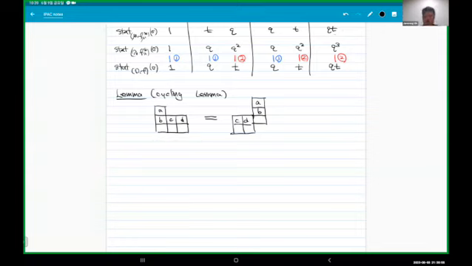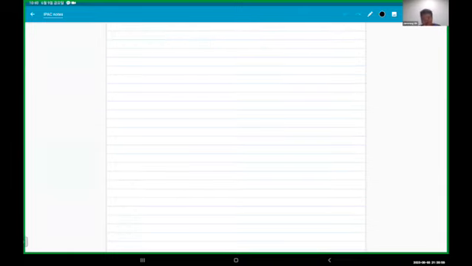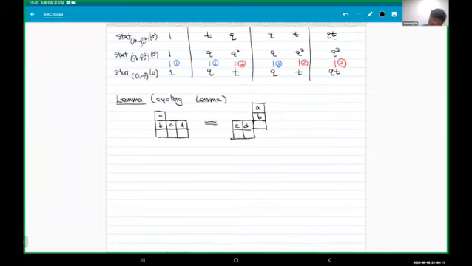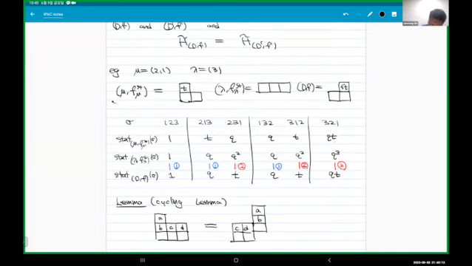Okay, the cycling rule is an easy one. And the second one I'm going to introduce is what we call the column exchange rule. Oh yeah, and if you see this example, from the first filled diagram to the second filled diagram, we kind of exchange these two columns, right?